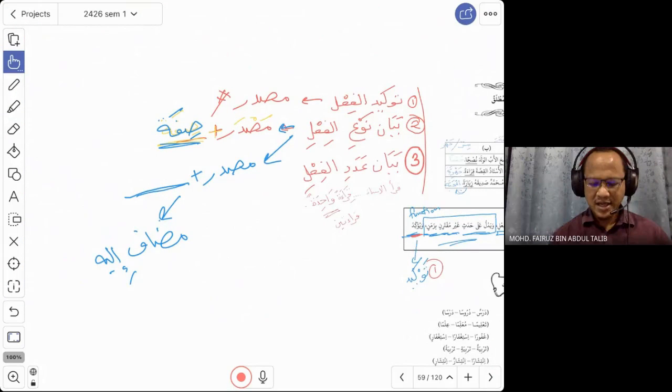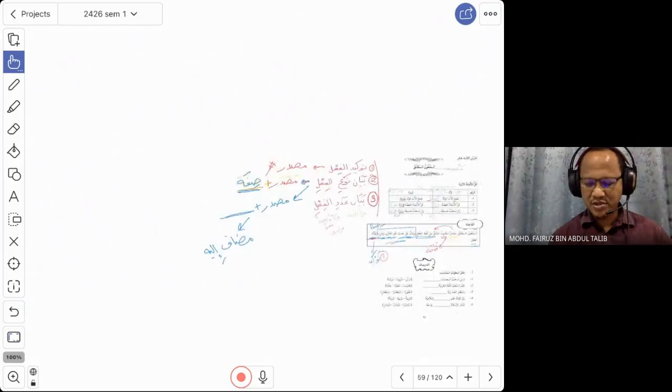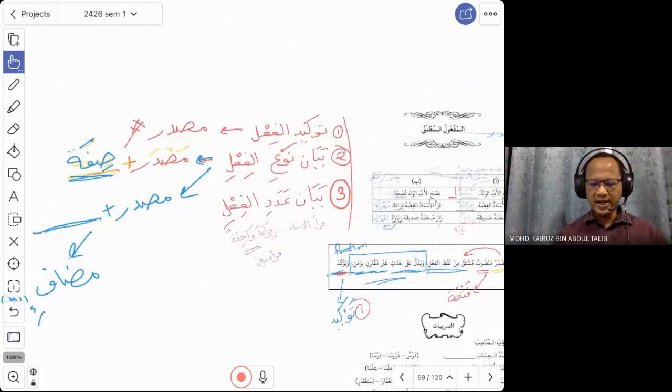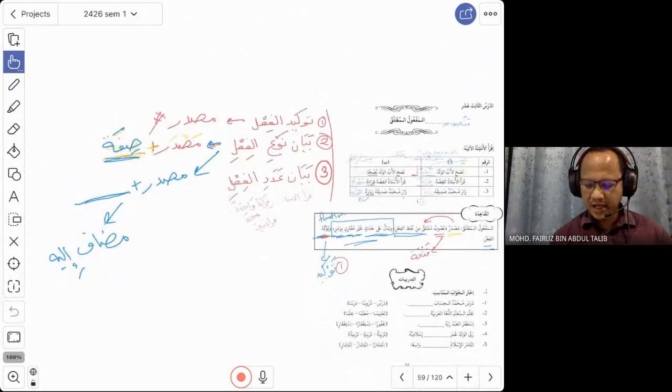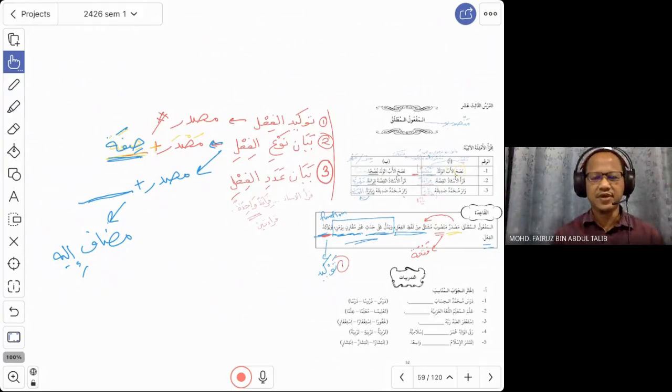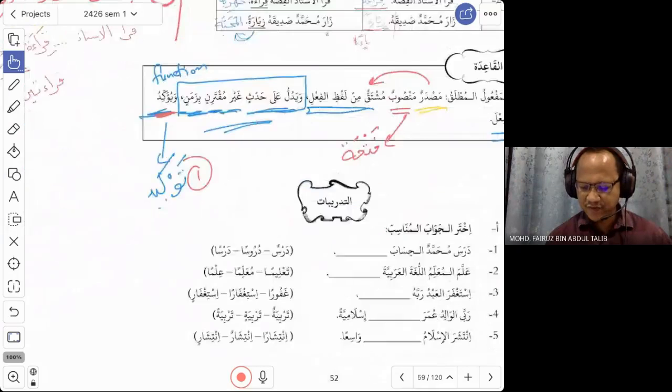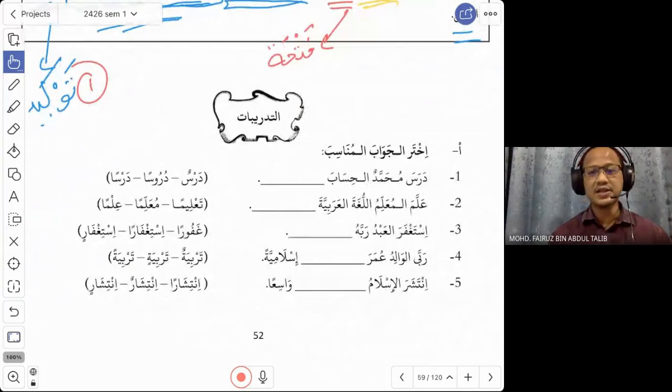But number 1 and number 2, that is where you need to understand the functions. All right, so these are the 3 functions of al-maf'ul al-mutlaq. Now, any questions so far? Of course, we are not going into detail, just the basics about maf'ul mutlaq. No questions? Okay, if there are no questions for maf'ul mutlaq, let us try the tadribat.